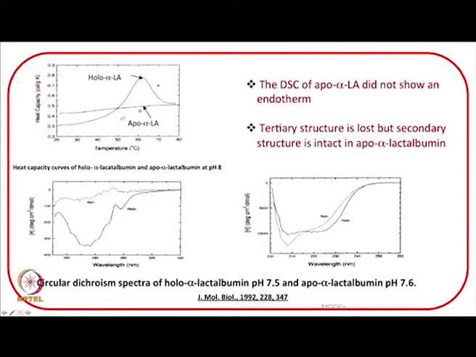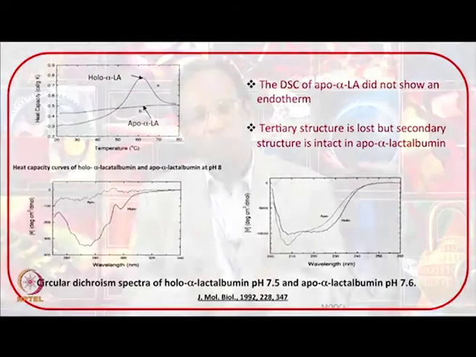So the absence of a cooperative thermal transition in DSC should also be interpreted as the protein possibly being in an intermediate structure, and it should be verified simultaneously by the application of spectroscopic methods. And one such spectroscopic method which gives direct information on the secondary and tertiary structure of proteins, as we just discussed earlier, is circular dichroism spectroscopy.